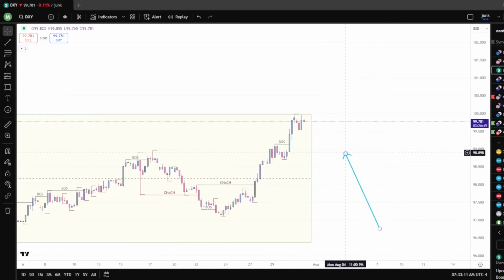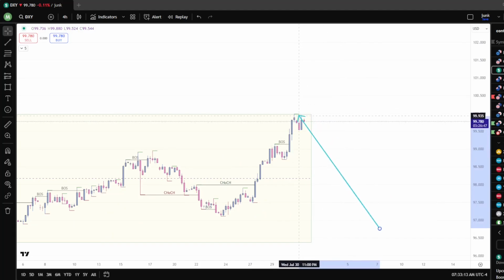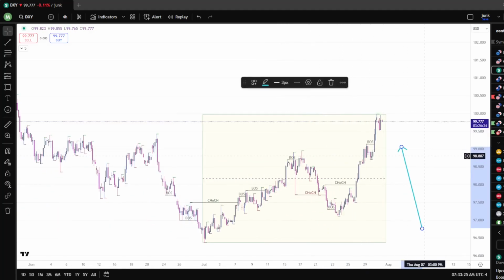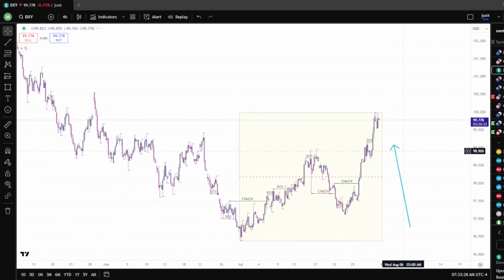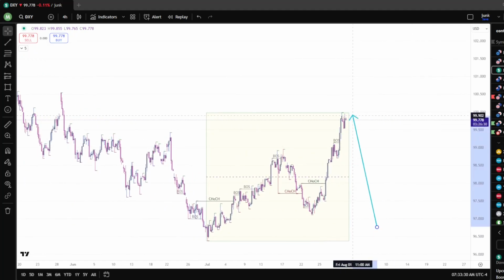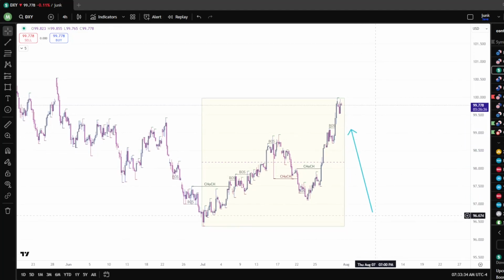Possibly this reversal will sustain. Right now it's just consolidating sideways. But it's been bullish impulses up, consolidation, bullish impulse up, consolidation. Swing structure is bullish, looking for any type of buying opportunity across DXY.